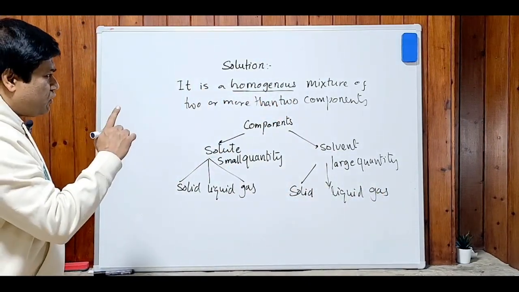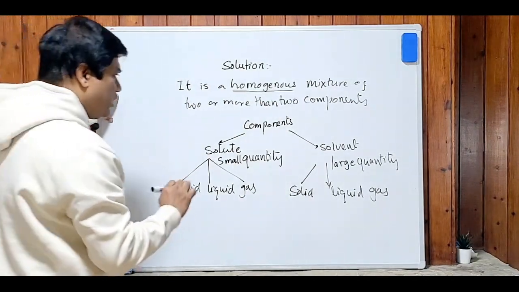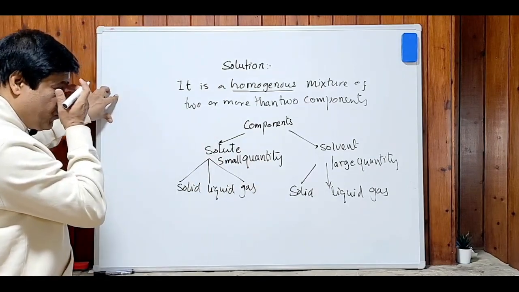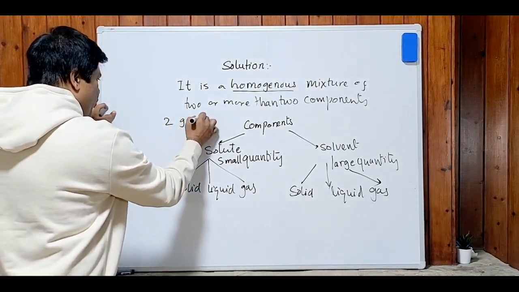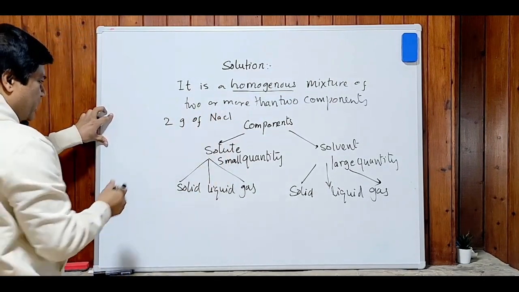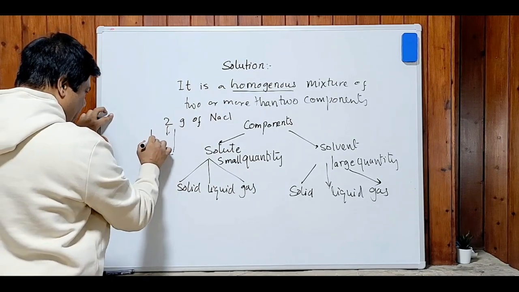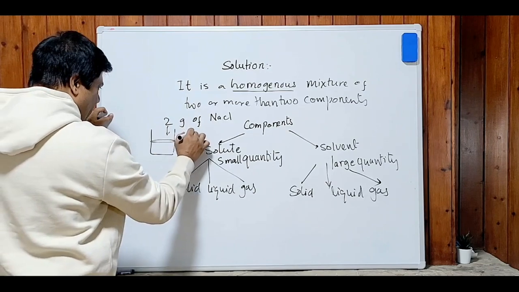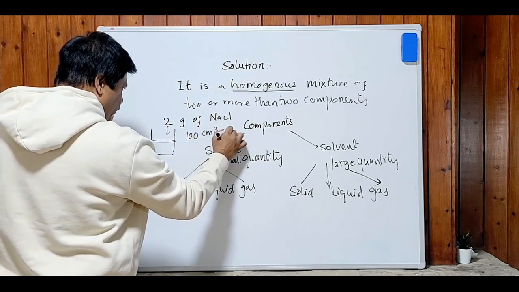Before I teach you what is the meaning of homogeneous, let's do a small activity. Let's take 2 grams of common salt, NaCl, and I want to dissolve this 2 grams in 100 cm³ of H2O.